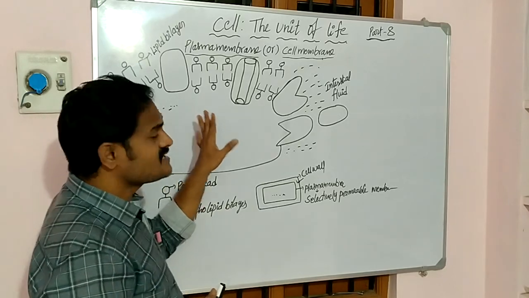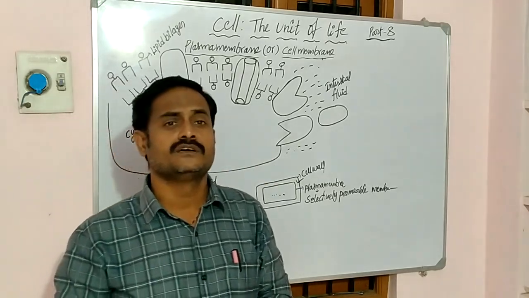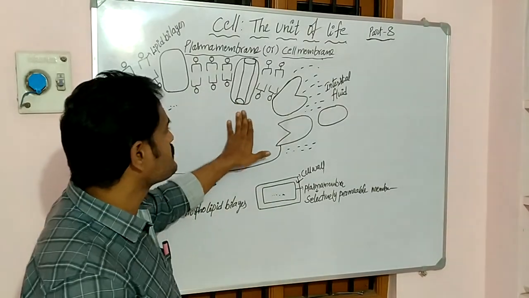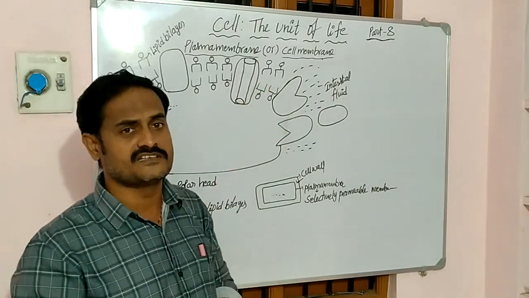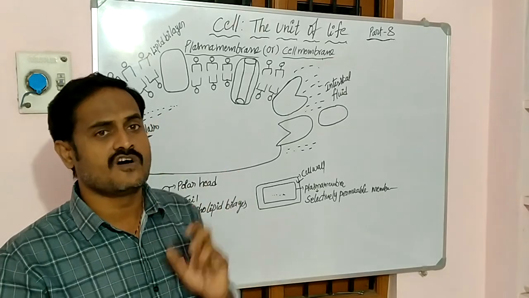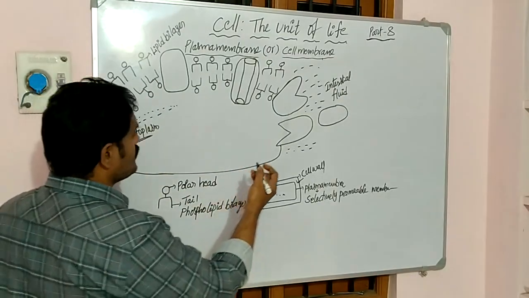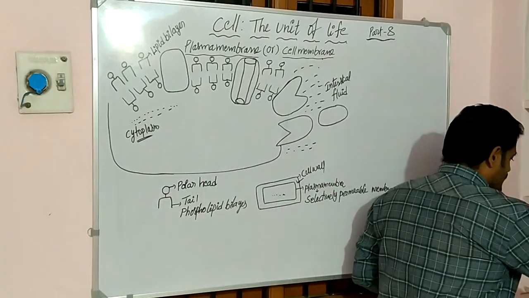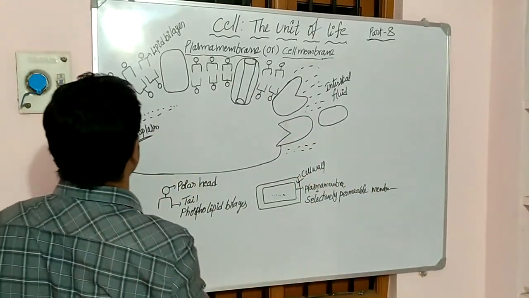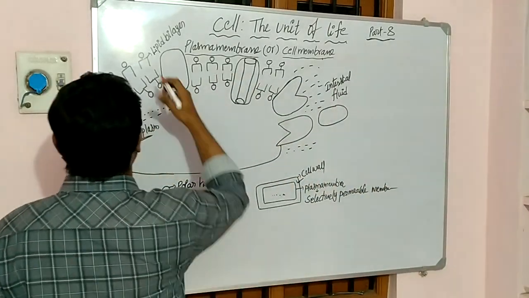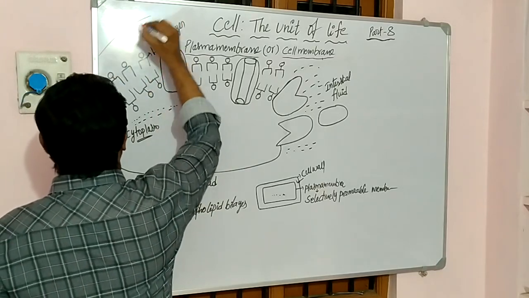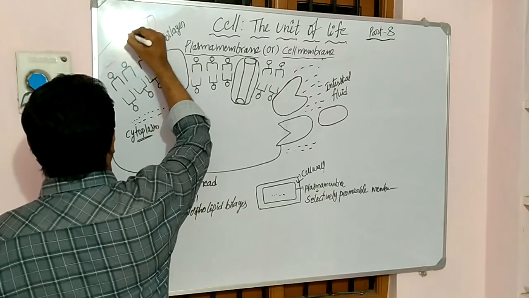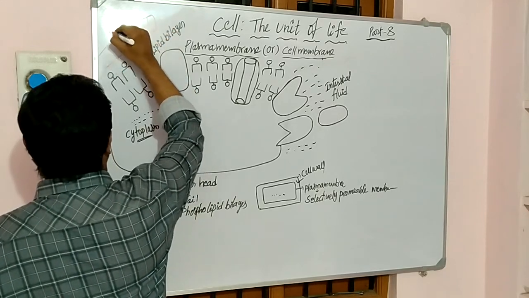When the cell requires oxygen during cellular respiration, the oxygen comes from the blood vessel. Already you know very well, for suppose this is one blood vessel. Inside of the blood vessel consists of blood.